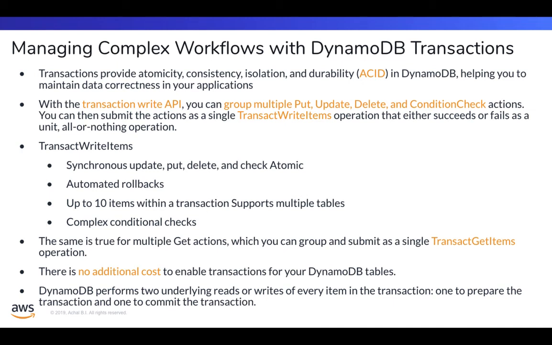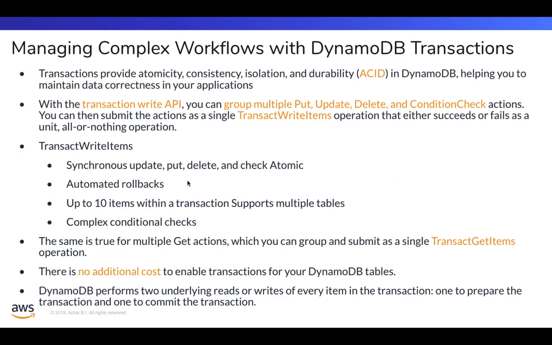With transactional write APIs, you can group multiple put, update, delete, or any conditional checks that you have as part of the actions and execute them. Only on the success of all of these items would your data be written into DynamoDB.